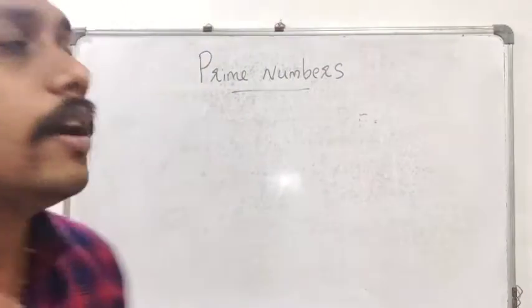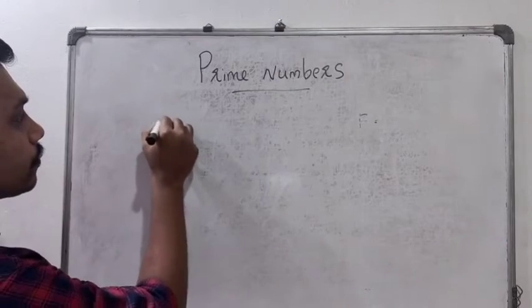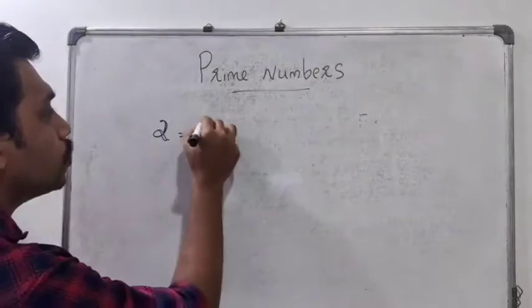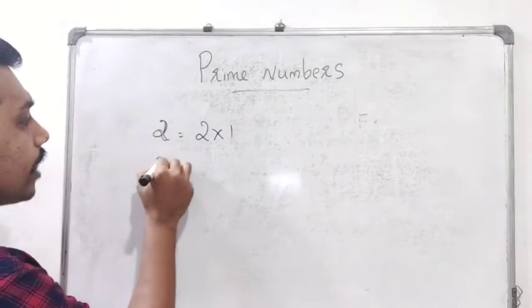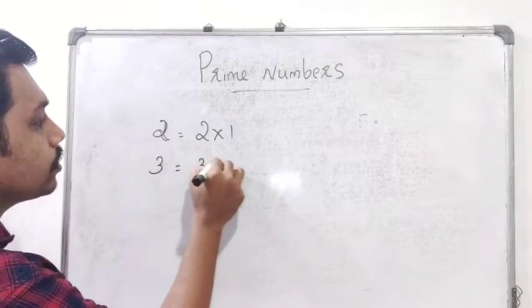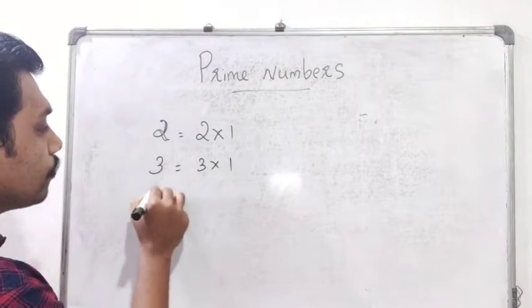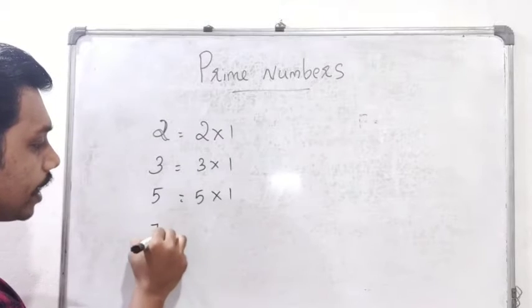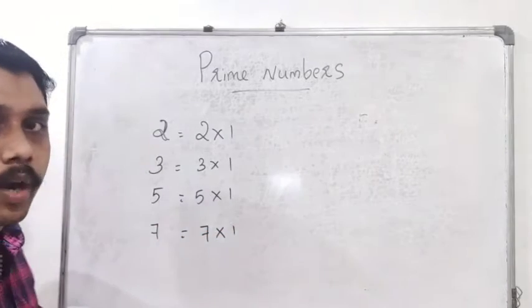For that, I'm going to write a number here, that is 2. I can write 2 as 2 into 1, isn't it? And also I can write 3 as 3 into 1. And also I can write 5, that is equal to 5 into 1. And also I can write the number 7, that is equal to 7 into 1.